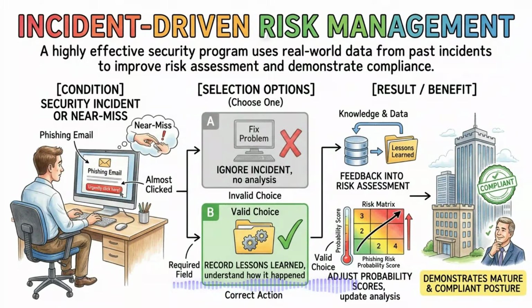These real-world incidents provide valuable data that must be fed back into the risk assessment process to adjust the probability scores of specific threats. For the exam, recognize that an organization which updates its risk analysis based on lessons learned from past incidents is demonstrating a highly mature and compliant security posture.